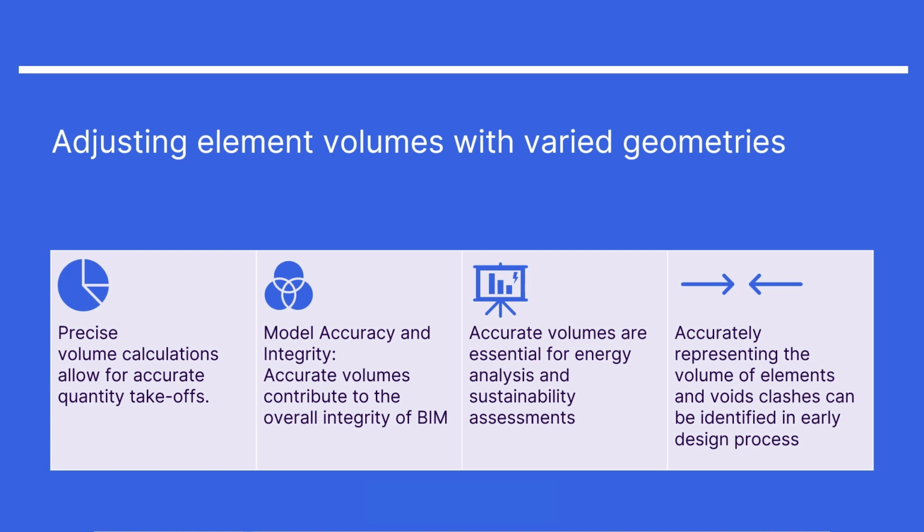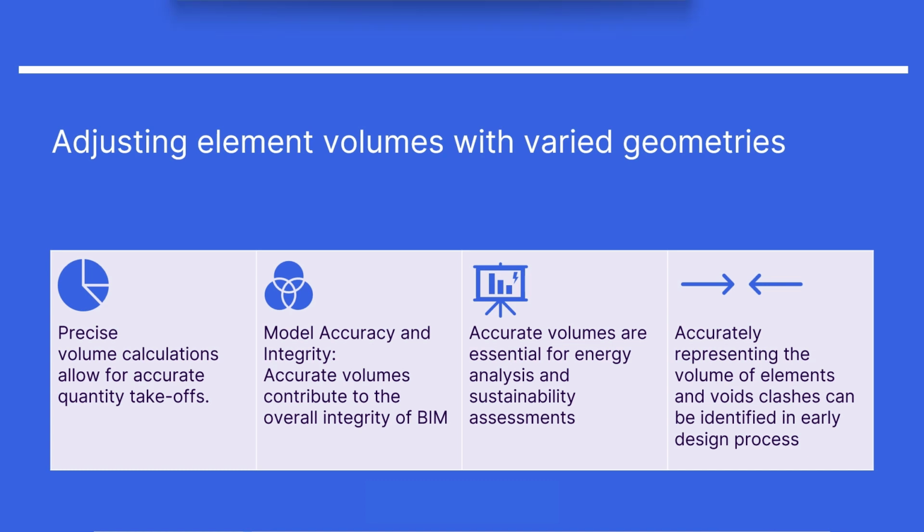Users can extract detailed and reliable information about the quantities of materials needed for construction. Model accuracy and integrity significantly contribute by providing reliable and precise information about the building's components. This enhances decision-making, minimizes errors, and supports various phases of the building life cycle from design to construction and maintenance.